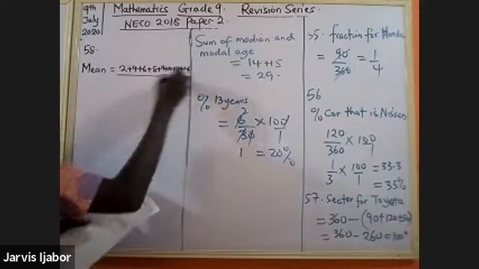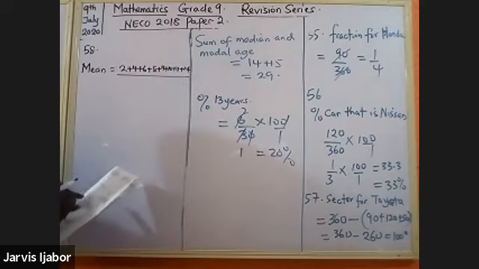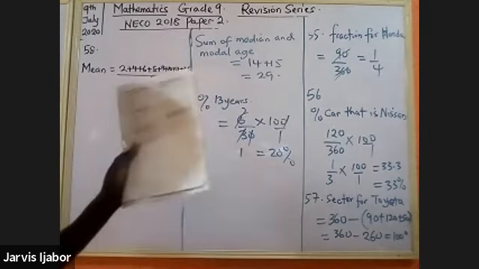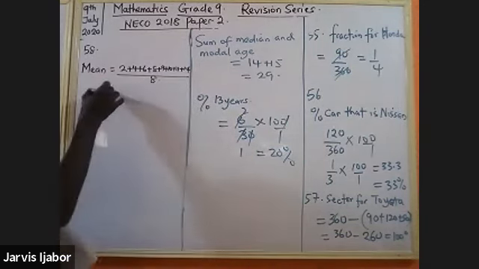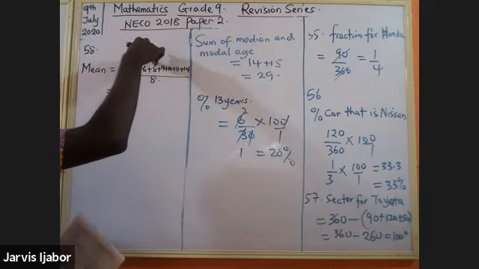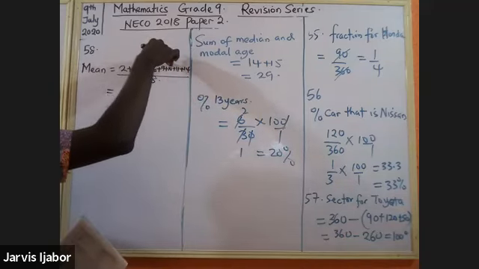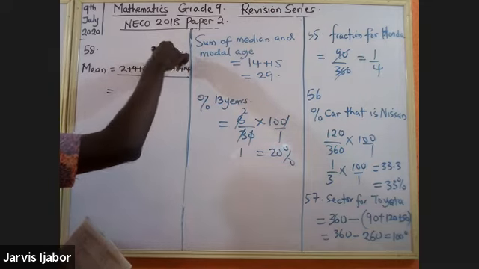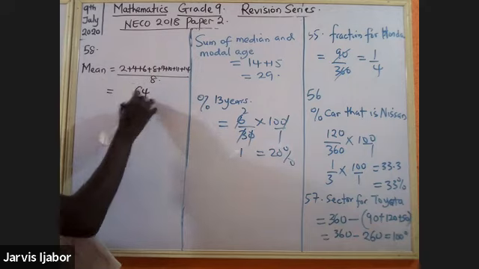Sorry, they are quite small. And divide by how many items? 1, 2, 3, 4, 5, 6, 7, 8. Divide it by 8. You have the question paper there. So when you add them, this will be 6, 12, 20, 29, 40, 50, 64, divided by 8, and that is 8.